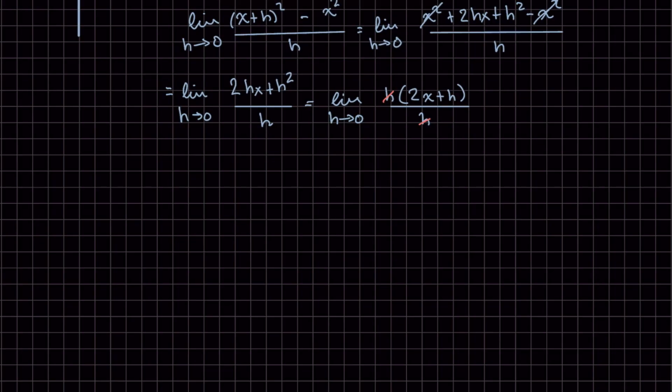And so we get the limit as, not x, h approaches 0 of 2x plus h is equal to 2x plus 0, which is equal to 2x. So the derivative of x squared is 2x. And there's a much easier way to do this. So let's get into the notation.